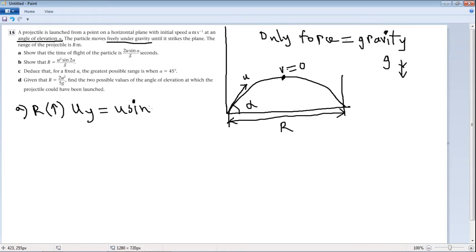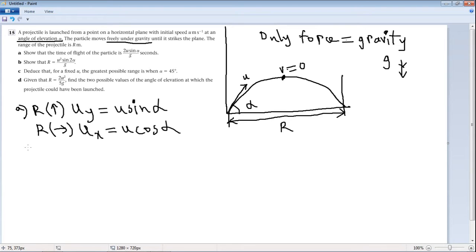Okay, so the vertical component of initial velocity should be u sine alpha. I hope that you get it right. Now let us resolve horizontally. Ux is u cos alpha. So these are the two components of initial velocity that we have found.